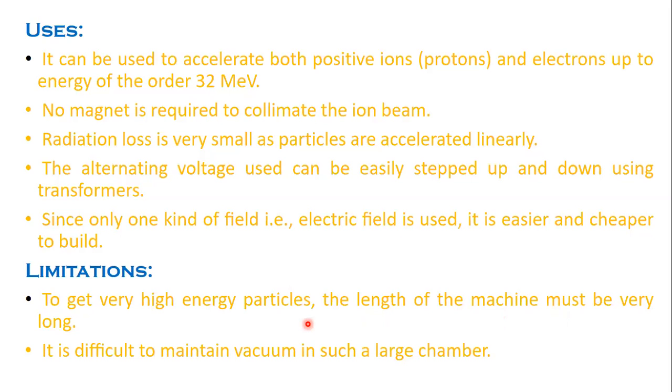As you move from one electrode to another, the length of the electrodes also increases, and altogether the length of the machine will be very long. This is a very important limitation of linear accelerators. It is also very difficult to maintain vacuum in such a large chamber. To achieve very high kinetic energy, we have to increase the length, and then you will find difficulty maintaining the vacuum in the chamber. So these are the limitations.